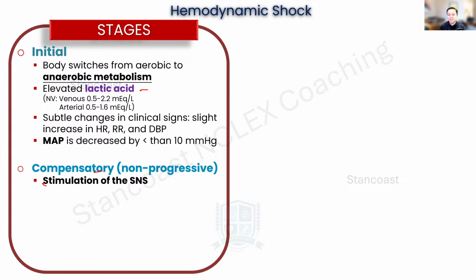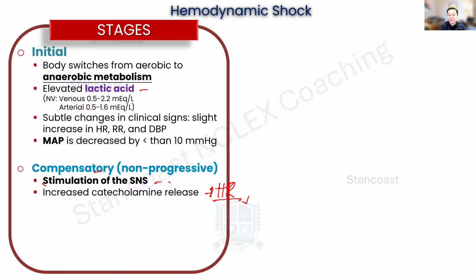Please take note, in stage 2, the SNS will be activated, and this is going to cause the release of catecholamines, the epinephrine and norepinephrine. And so what do you expect if there is going to be the release of epinephrine and norepinephrine? Well, you will see that the heart rate this time will be much more elevated.